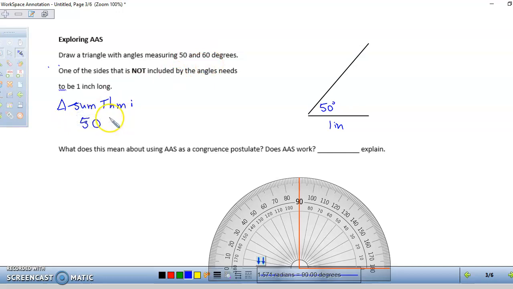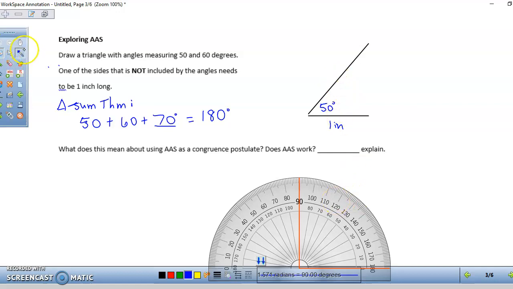If I have 50 and 60, I have one other angle, and those have to add up to 180. Since I don't know where to put the 60-degree angle, I am going to calculate what this angle should be, which should be 70 degrees. I'm going to put the 70 over here, which guarantees this is 60 degrees.